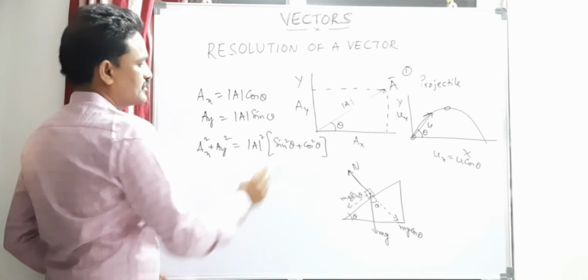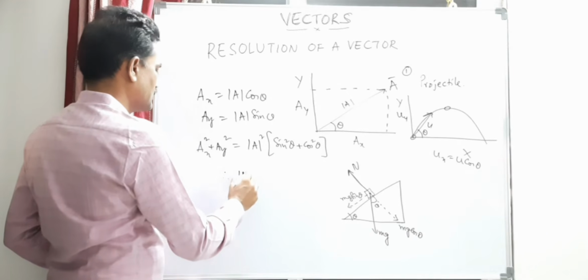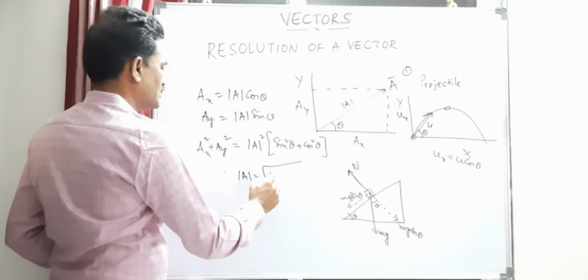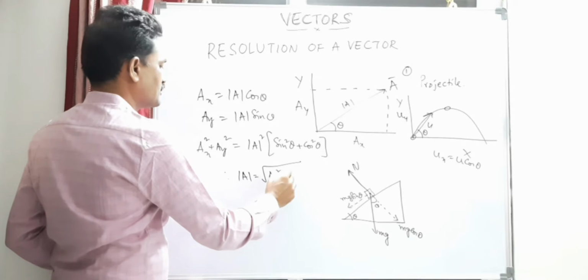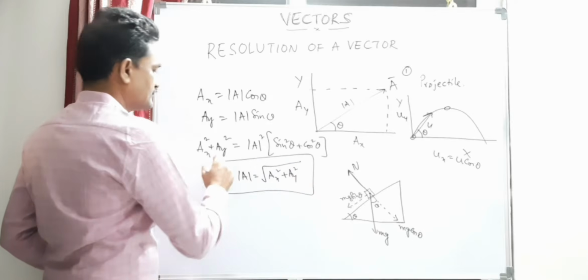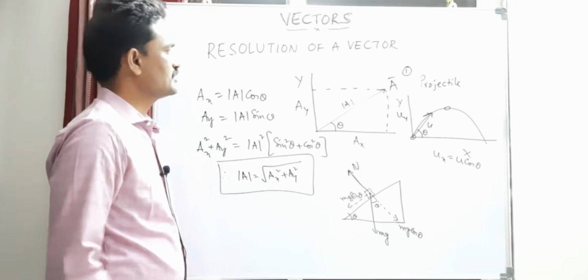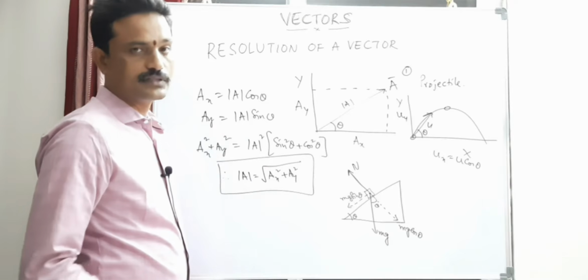In trigonometry, this is equal to 1. So it becomes mod A is equal to under root ax square plus ay square. This we discussed as the magnitude of a vector. So this is one and the same. So this is about resolution of vectors.